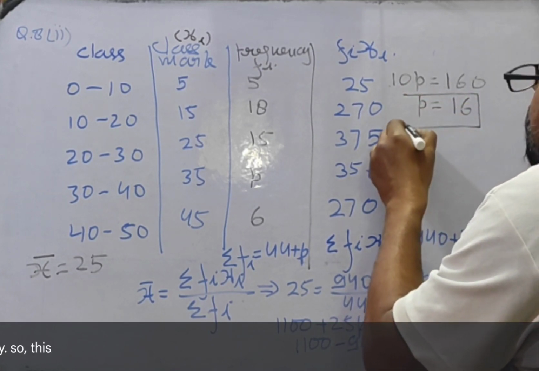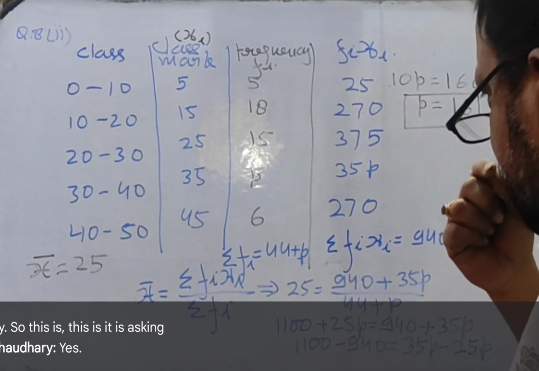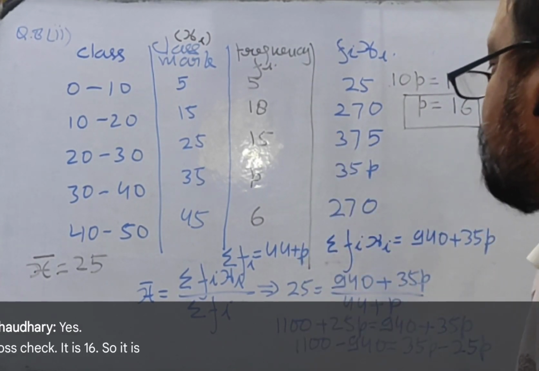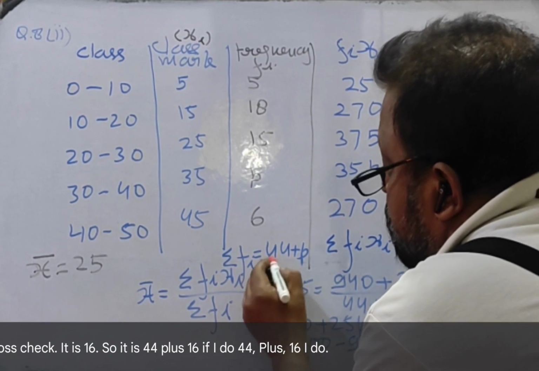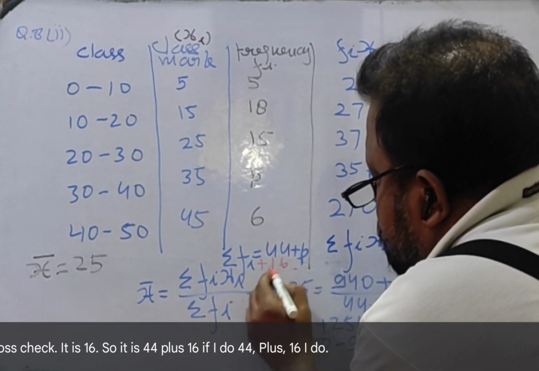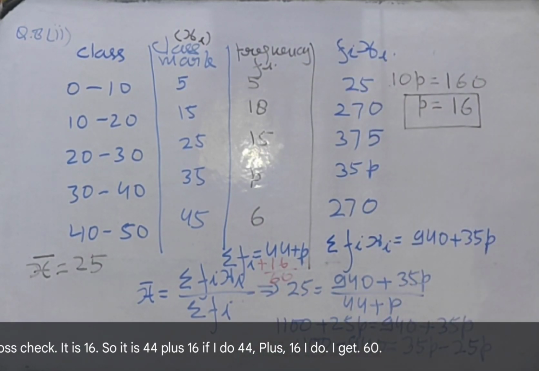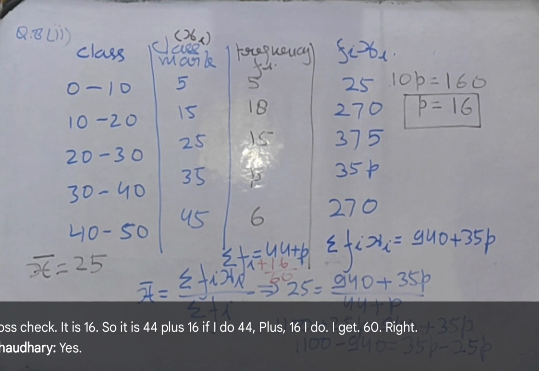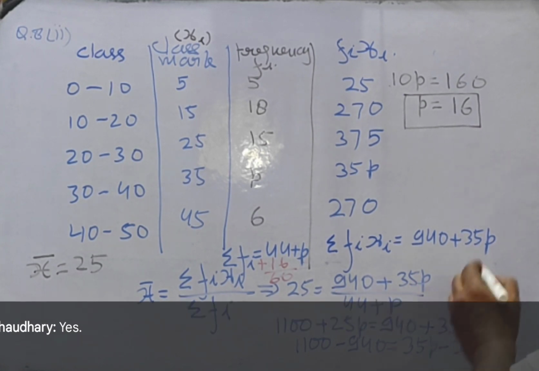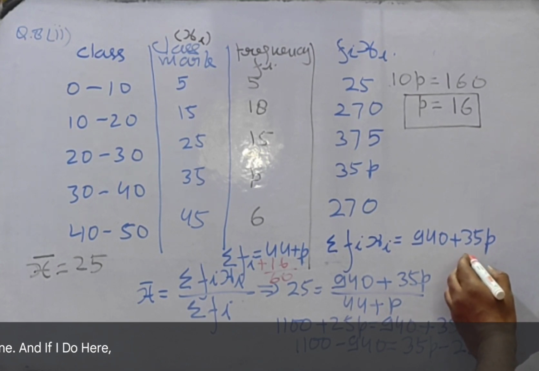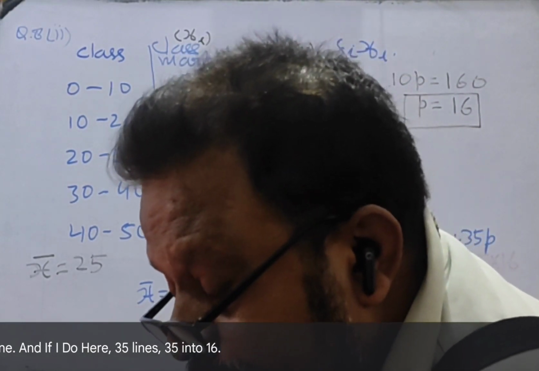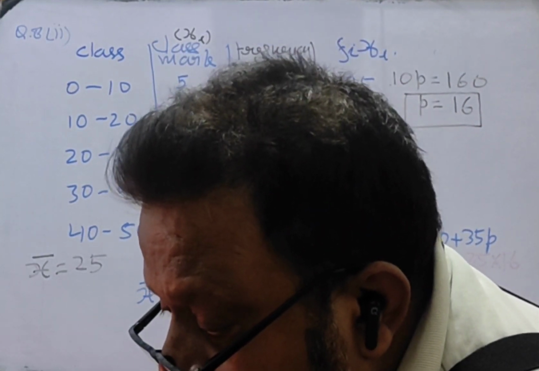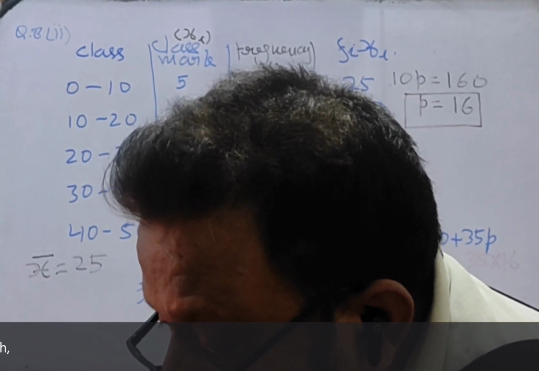To cross-check it, p is 16. So 44 plus 16, I get 60. Right? And 35 into 16 is 560.